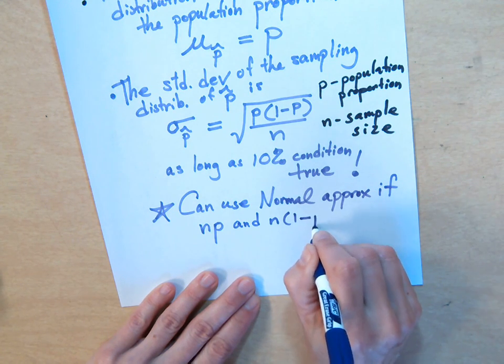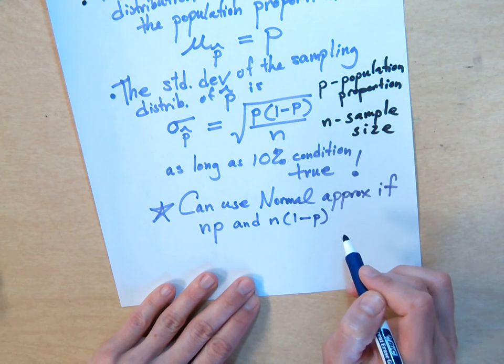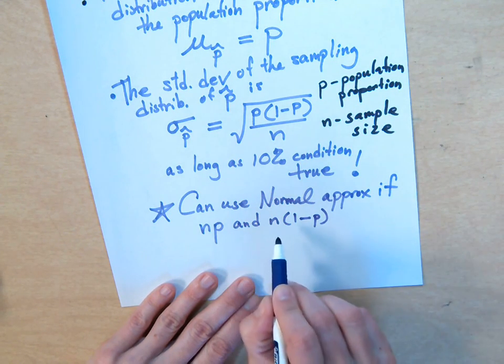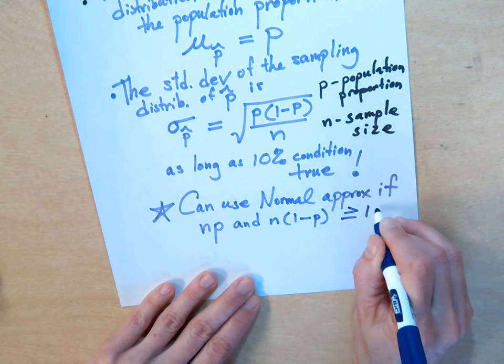Which you might confuse with the 10% condition because it's 10 again, but it's not related. So if np and n(1 minus p) are both greater than or equal to 10.